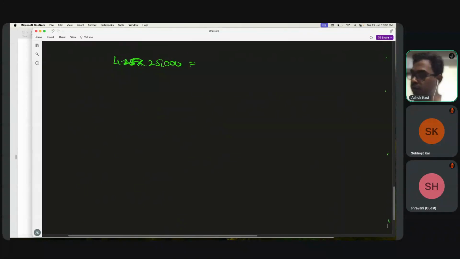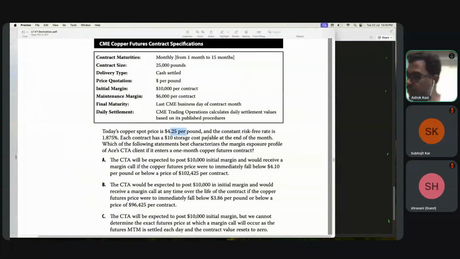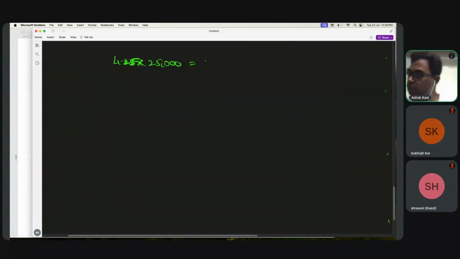And the constant risk-free rate is 1.875. So this is for how many months? It is for 1 month. Just calculate this. How much is 4.25 into 25,000? 1062.5.